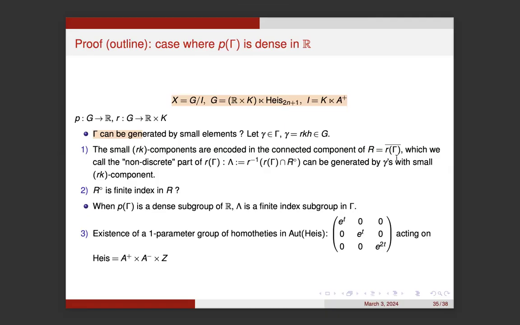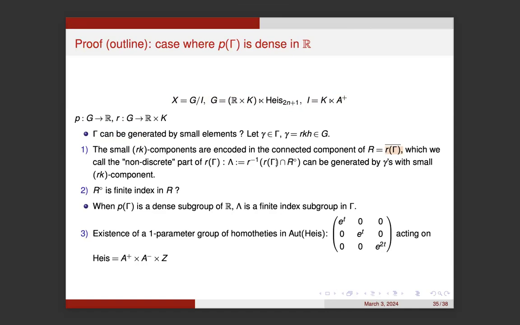The elements which can be generated by small elements are precisely the elements which are projected to the connected component of the identity of this closed group. I take the closure of the projection of gamma. This is a Lie group inside R times K, but it is not a connected Lie group. And the elements which can be generated by small elements are the elements which are projected to the connected component of the identity.